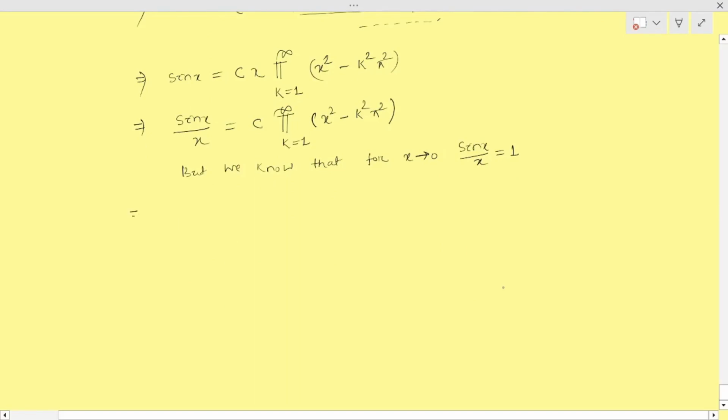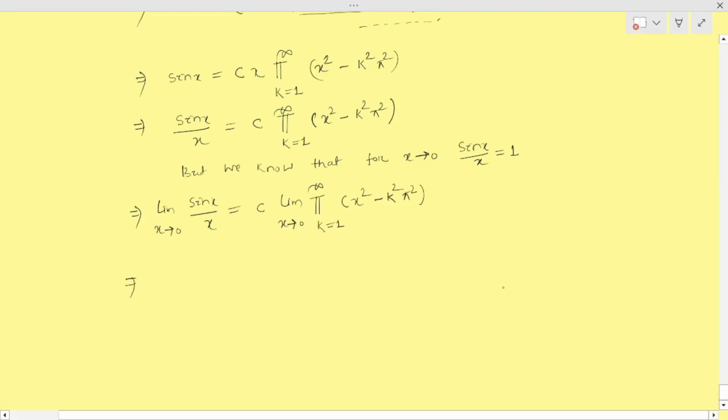What we can find, first we write, that implies limit x tends to 0 of sin x by x. Likewise, I have to apply limit x tends to 0 on the right hand side of this equation. What we can find, c times limit x tends to 0 of the product from k equal to 1 to infinity of (x square minus k square pi square), right?